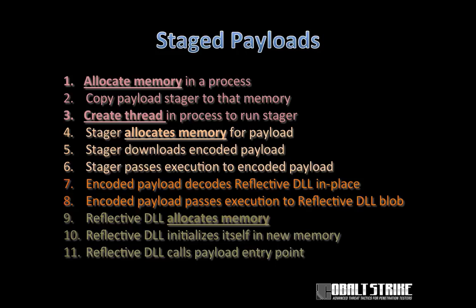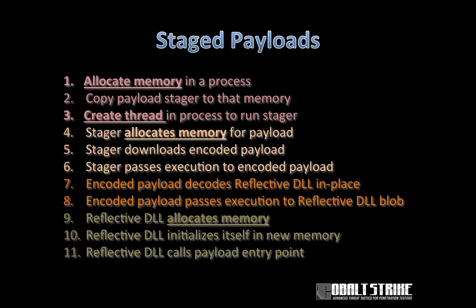Now, we expand that a little bit. The artifact or exploit, whatever it is that's running the payload stager, is responsible for steps 1 through 3, which involve allocating memory for the stager and creating a thread or passing execution to the stager in the current thread, one of the two. All right?